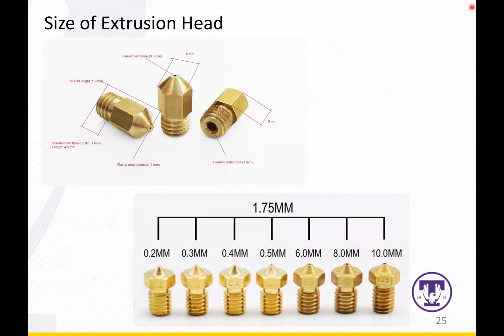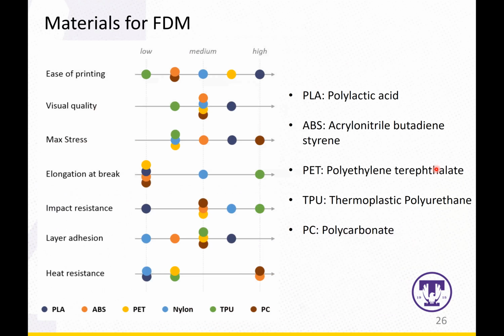Let's move on. Another thing is material, right? FDM can take different thermoplastic materials. The most commonly used ones are PLA and ABS.